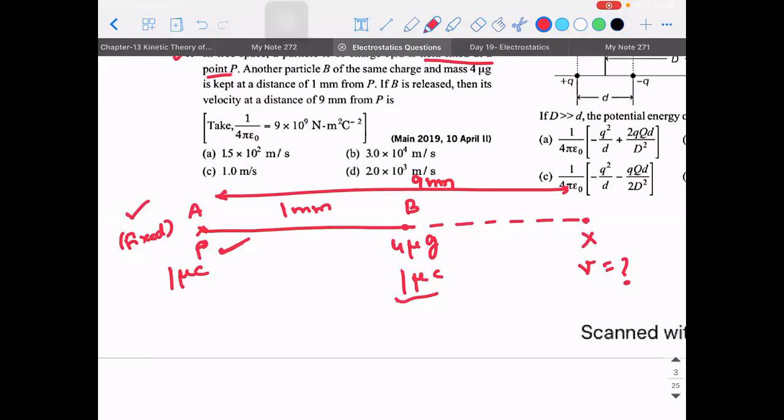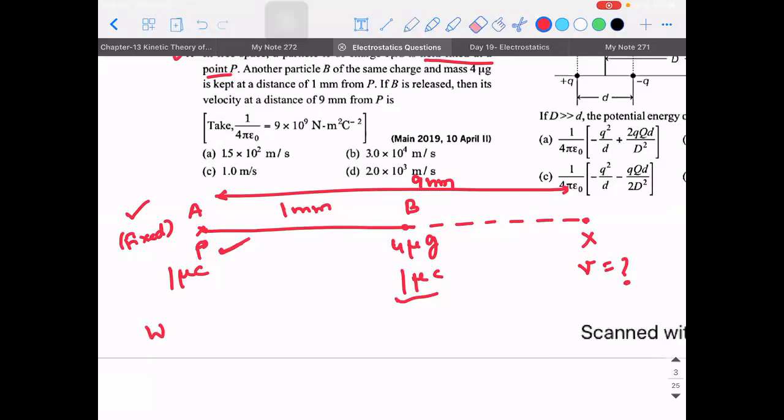Now comes an important question. What energy transformations are taking place? Potential energy to kinetic energy. So I can either apply the energy conservation theorem, because here they are conservative forces, or I can apply the work energy theorem.